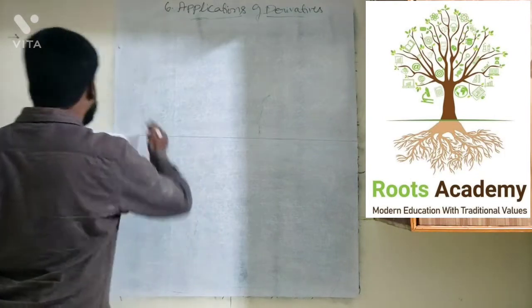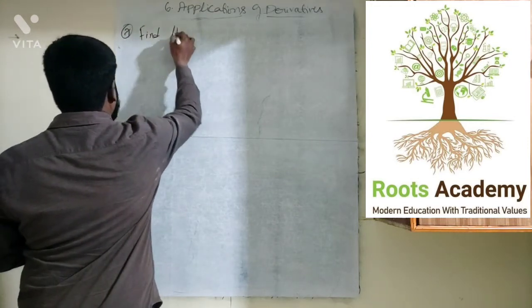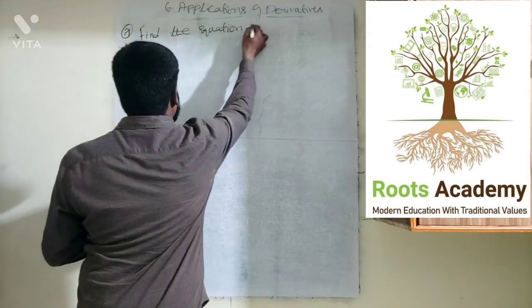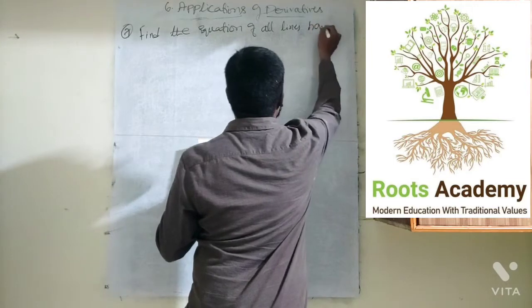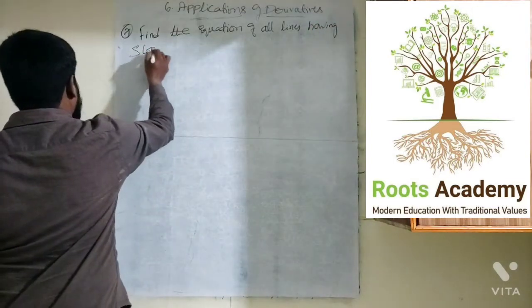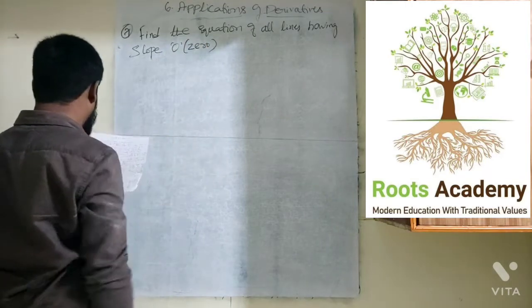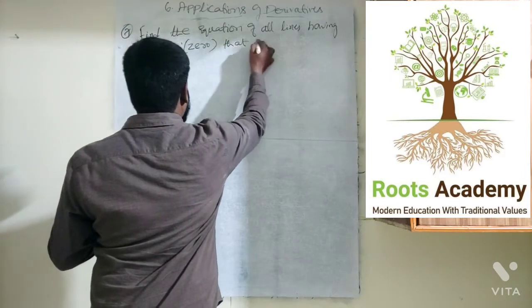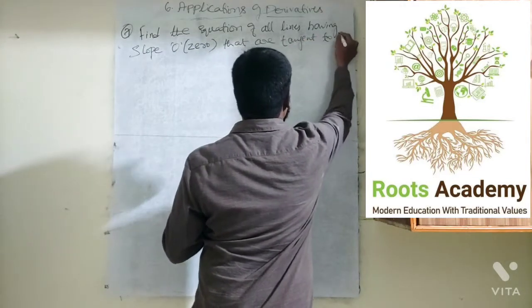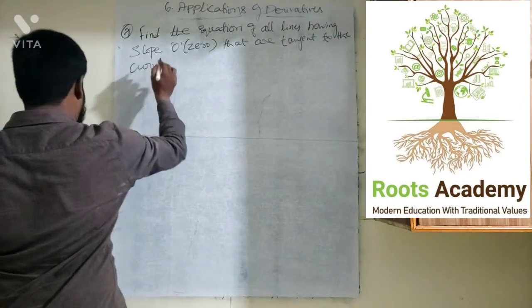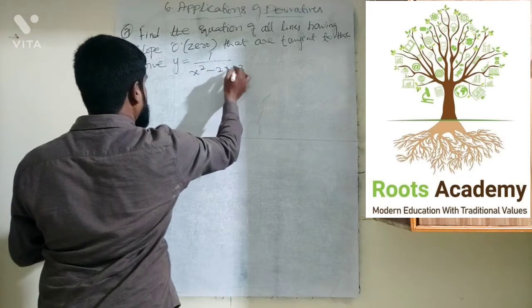That is, find the equation of all lines having slope 0 that are tangents to the curve y is equal to 1 divided by x square minus 2x plus 3.